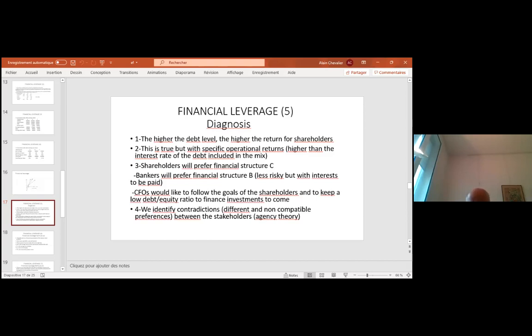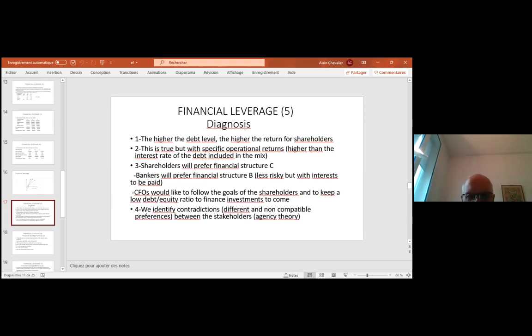So shareholders very often, for companies with a high return on operations, will prefer a financial structure with a high debt equity ratio.